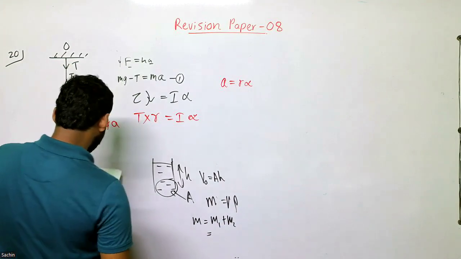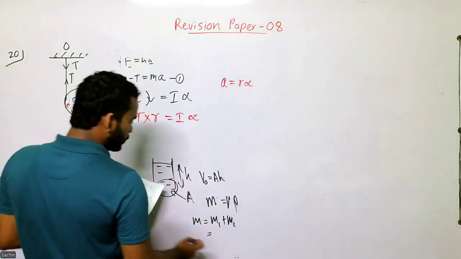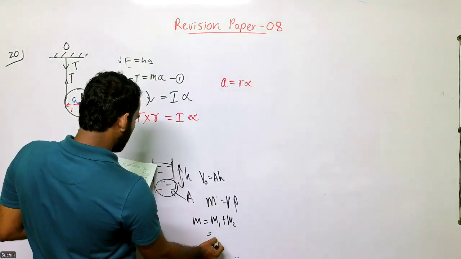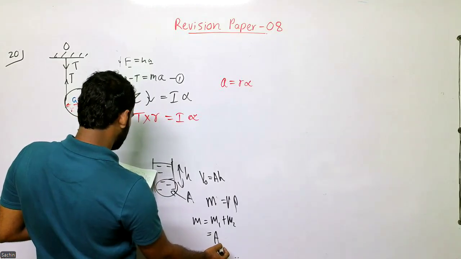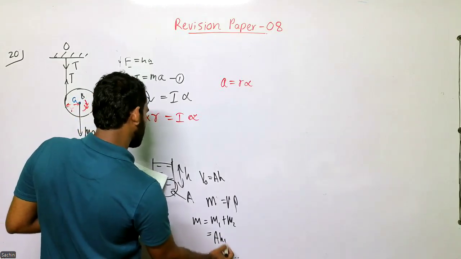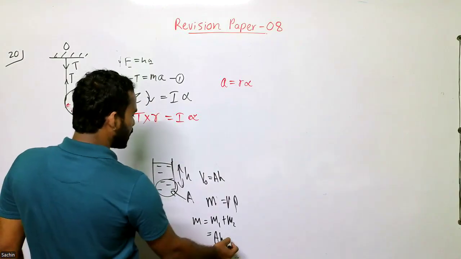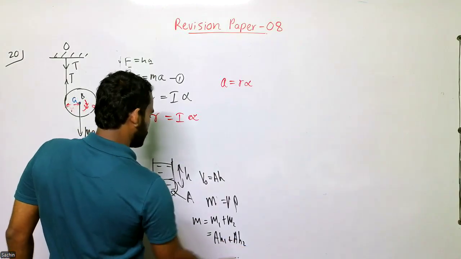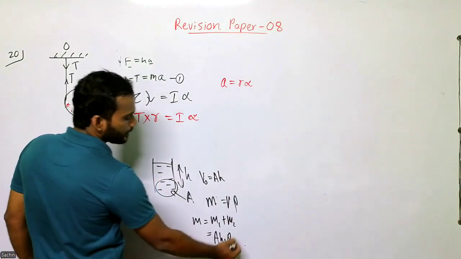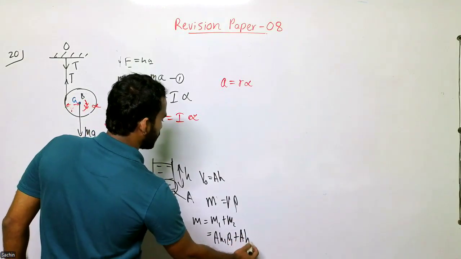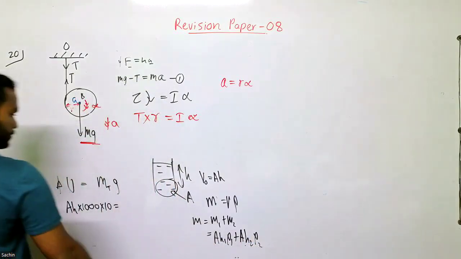First, let's consider the volume of A. Volume of A is A into the height, let's say H1, times rho 1, plus the other one, A H2 rho 2.